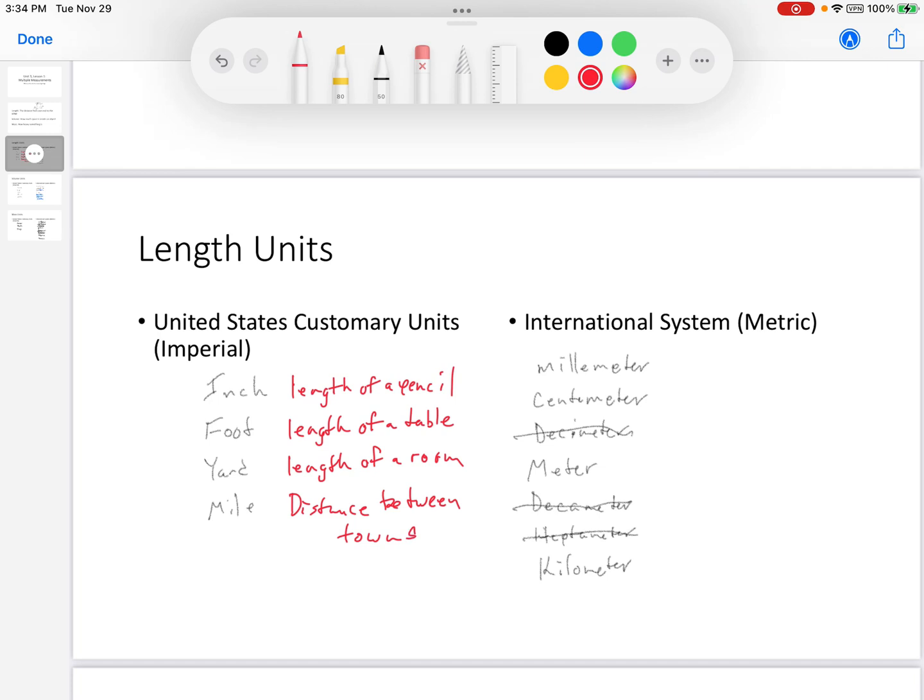So you could say that the distance between Dunellen and New Brunswick is about 8 miles. For the international system, something that is a meter long, it's probably a desk, a student desk. Or the width of a door might be a meter.